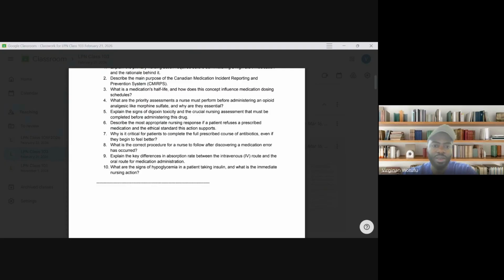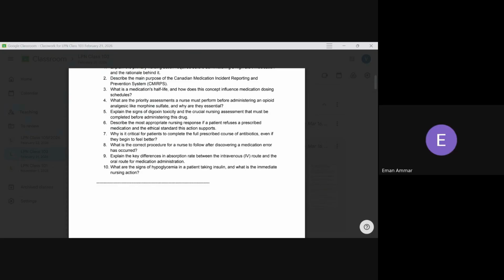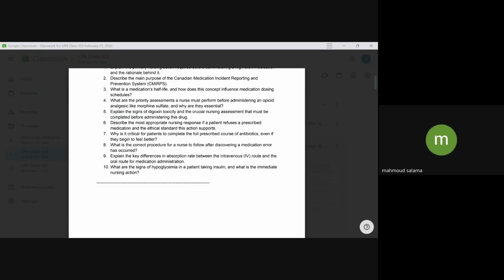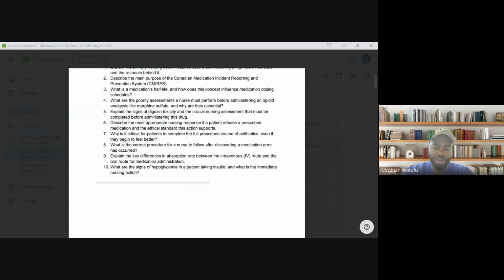Good, excellent. And what is the nursing assessment that must be completed before administering this drug? Heart rate. Good. So you check for apical pulse, and what is the range? It should be above 60. 60, right? Yes, 60 beats per minute.